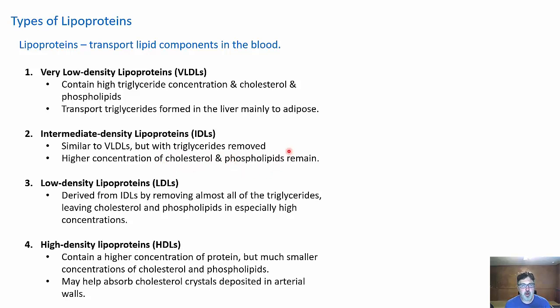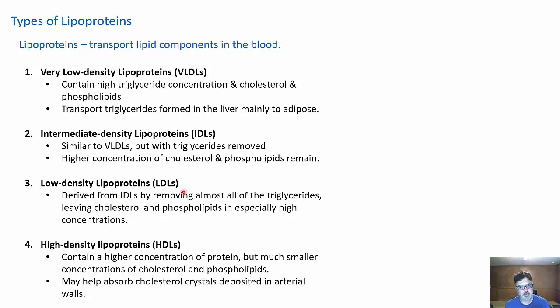If you remove most triglycerides, then we get low density lipoproteins, LDLs. So LDLs are essentially derived from these IDLs by removing almost all of the triglycerides. If you get rid of all the triglycerides, maybe you deposit them in the adipose tissue, that's going to leave behind cholesterol and phospholipids, and they're going to be especially in high concentration with these LDLs. So you can imagine why we monitor a person's LDL levels.